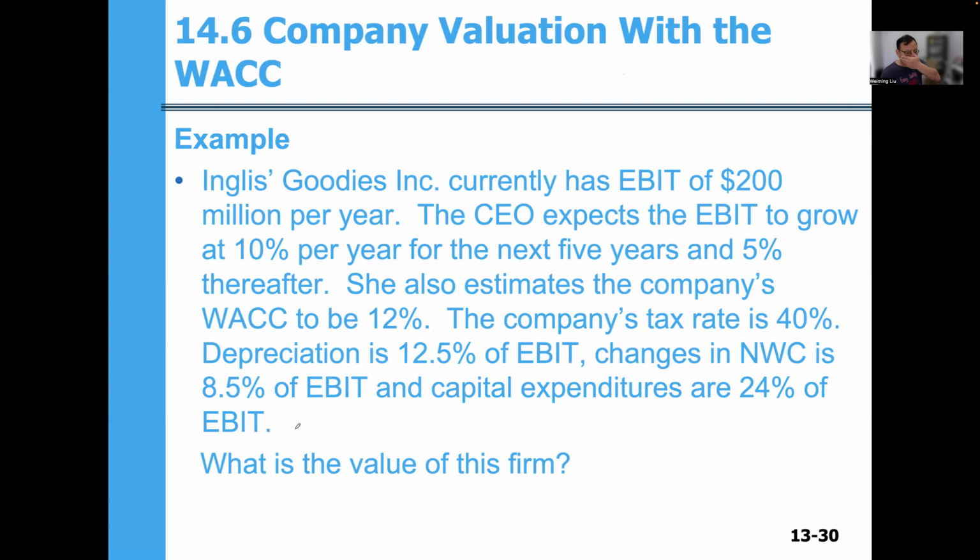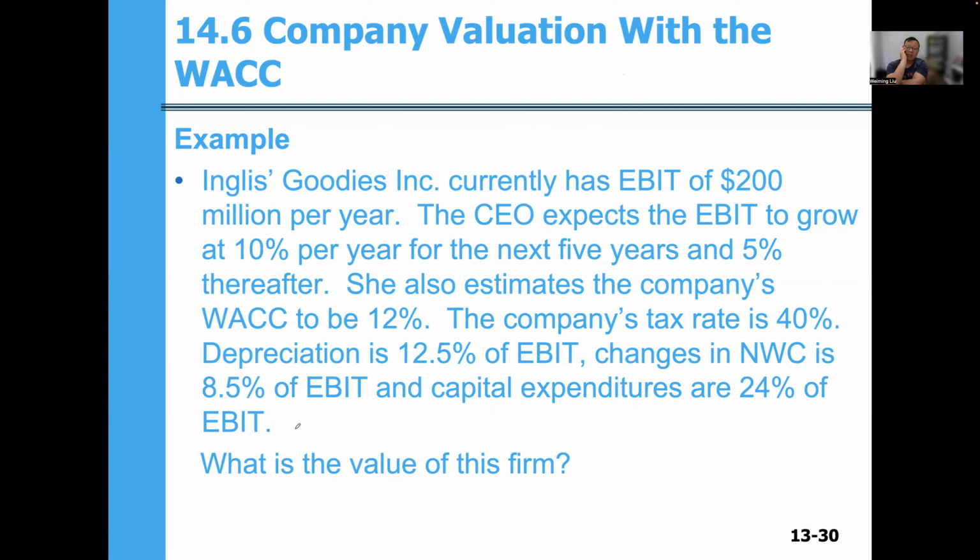Let's take a look at an example. Goodies Inc. currently has EBIT of $200 million per year. The CEO expects the EBIT to grow at 10% per year for the next 5 years and 5% thereafter.